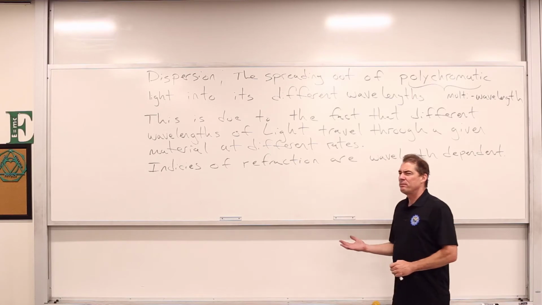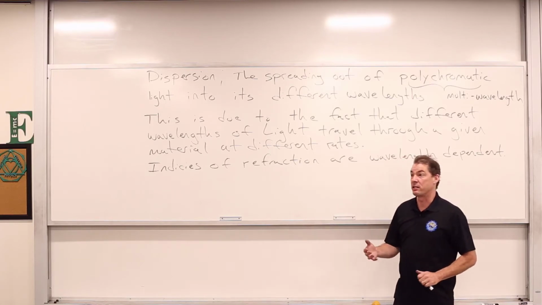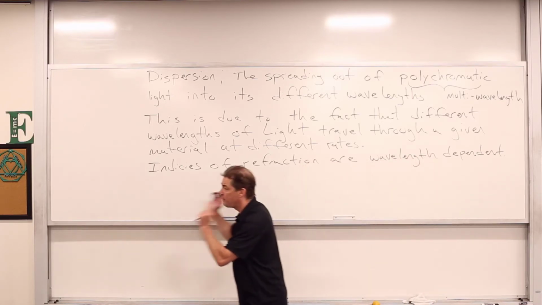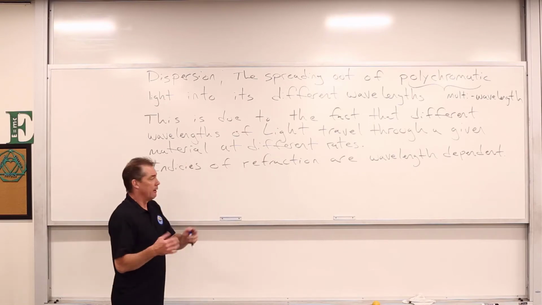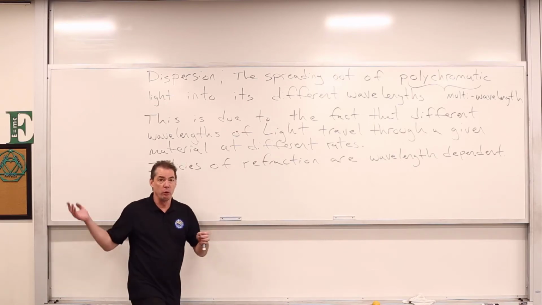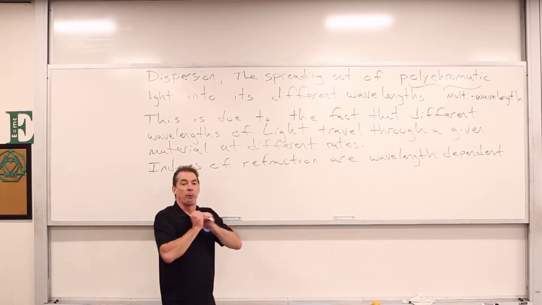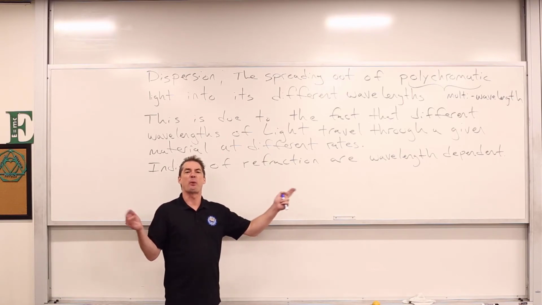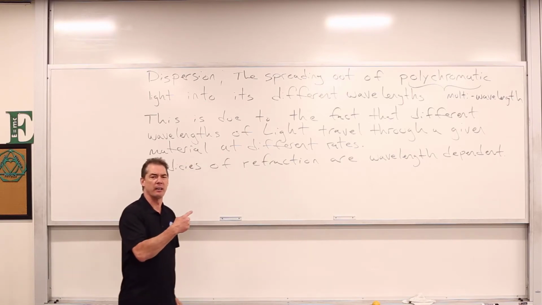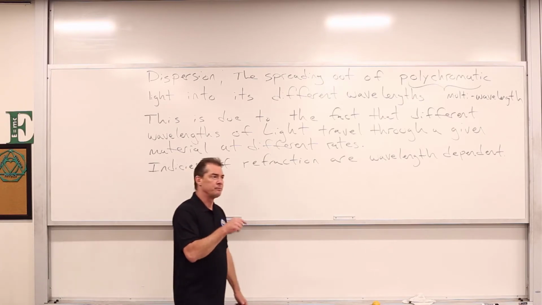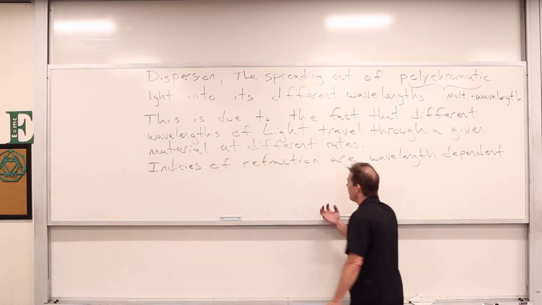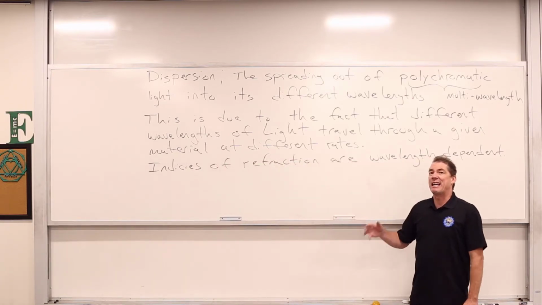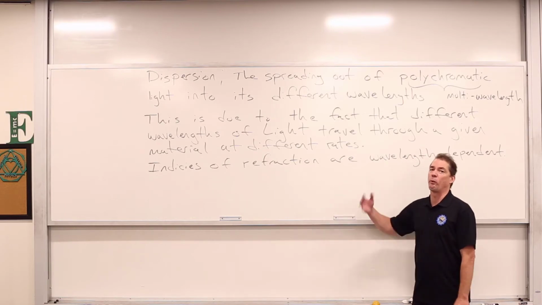What is a rainbow? It's white light, which is a light that is composed of all the visible wavelengths of light, from red, orange, yellow, green, blue, violet, that is broken up into its spectrum, spread out into its spectrum because of dispersion. Dispersion that's occurring due to water having different indices of refraction for the different wavelengths of light.